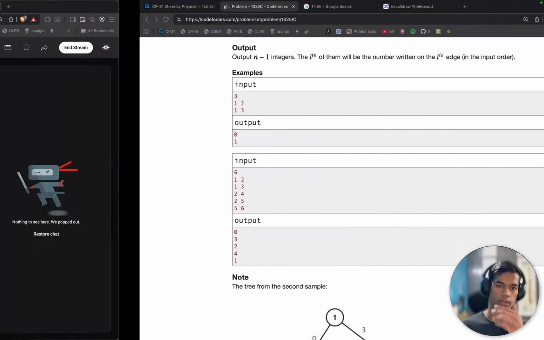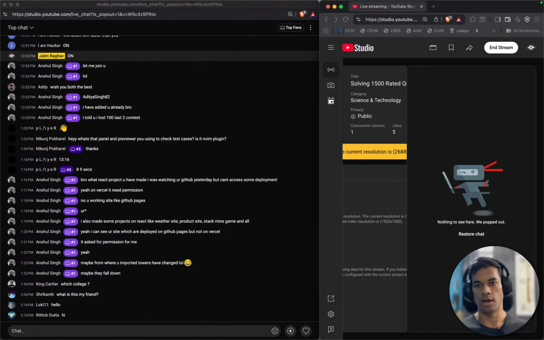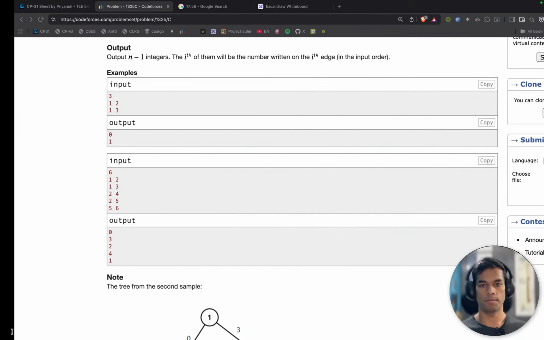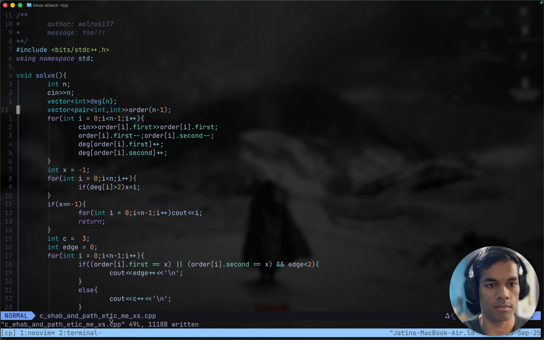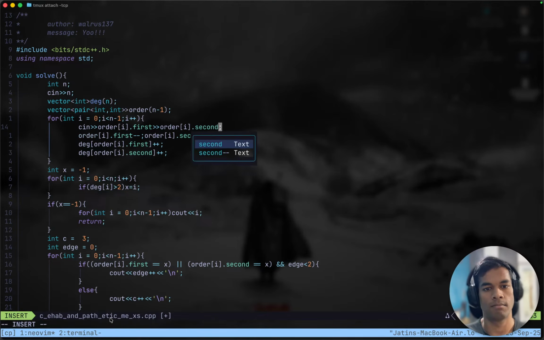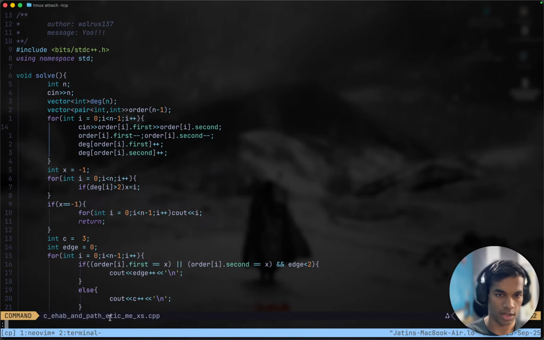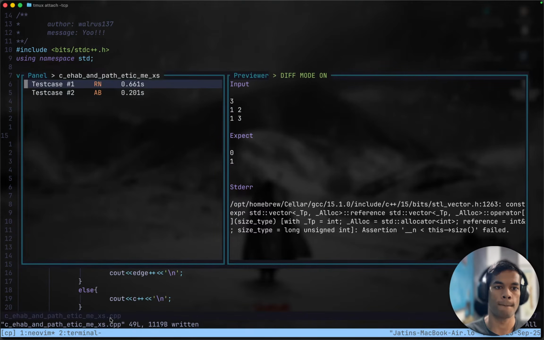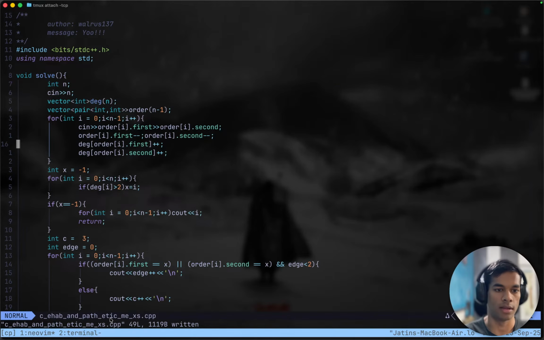Out of bounds is the only thing that we have to fix, and after that everyone will be happy. i less than n minus 1. Order i dot second. That was stupid. But still, there is some mistake.